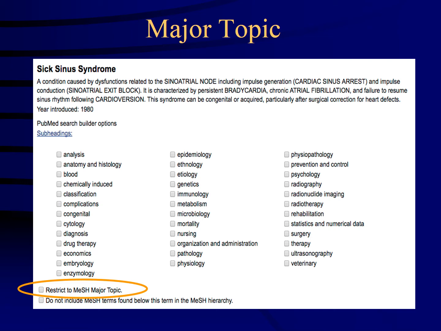As I mentioned before, PubMed automatically explodes all your terms and will search for the most specific terms. If you choose the box that says do not include MeSH terms found below this term in the MeSH hierarchy, the system will only search for that broader MeSH topic.